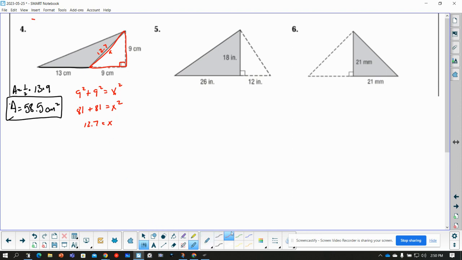All right, but then I'm going to switch to blue. We're going to have to find this missing side. To do it, I'm going to look at this big triangle with this right angle. This side is 9. This side down here would be 13 plus the 9, which would be 22.